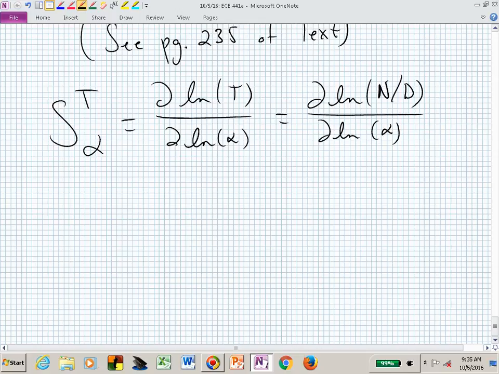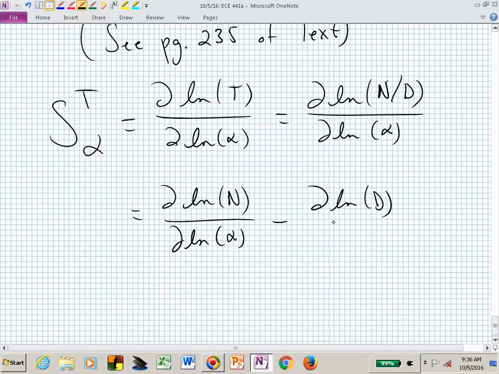It helps us simplify our calculations, right? So that's adding. If we have a division, we subtract, which really says that we can now take n and d, since they're inside the argument of our logarithm, we can pull those apart and have a subtraction. We now have this is equal to the partial of ln of our numerator over the partial of ln of alpha minus partial ln of our denominator over partial ln of alpha.